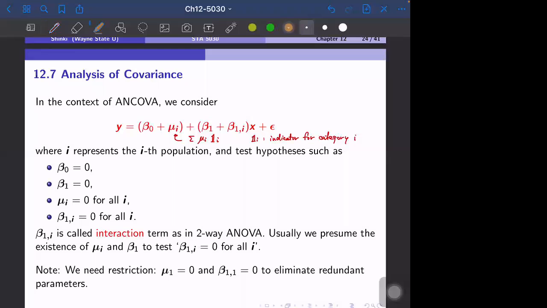So we have some baseline intercept plus mu i, which is the additional intercept for category i.